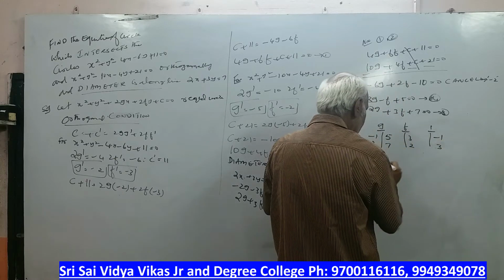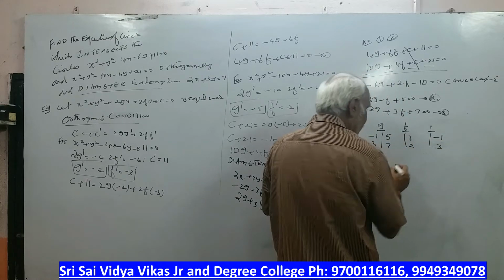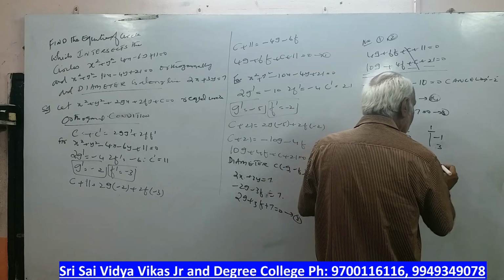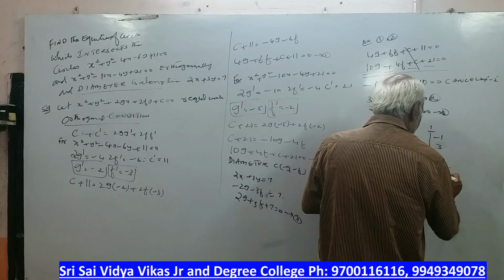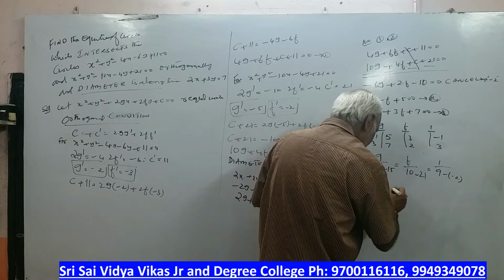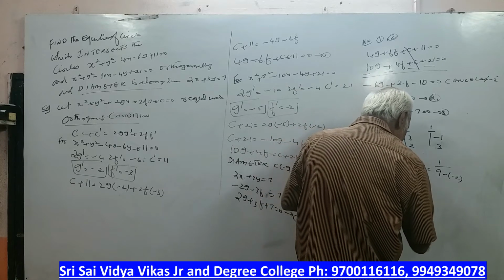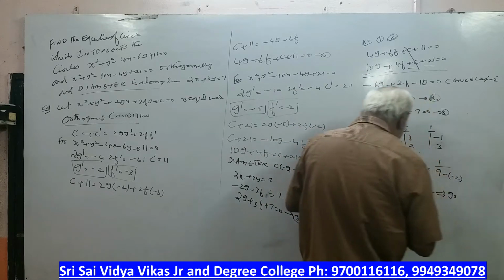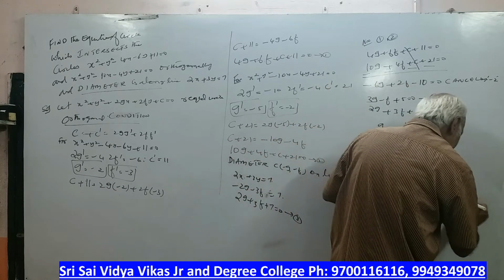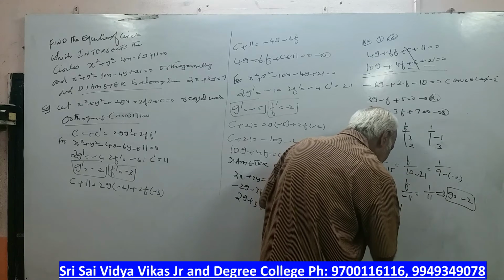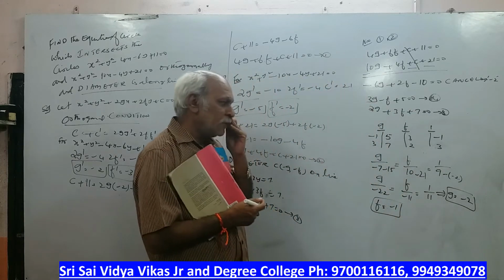Therefore, g by minus 7 minus 15, f by 10 minus 21, is equal to 1 by 9 minus of minus 2. So g by minus 22, f by minus 11, 1 by 11, which will give you g is equal to minus 22 by 11, minus 2. What is the f value? Minus 1. Okay, we got the g value and f value.